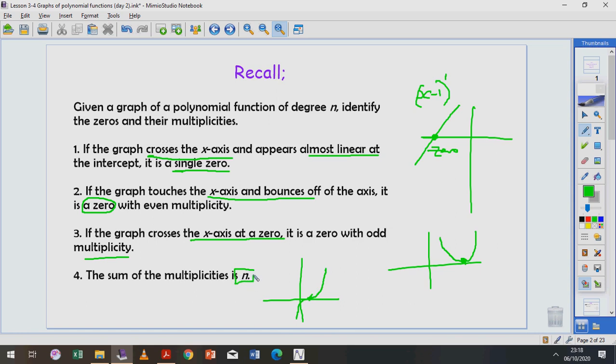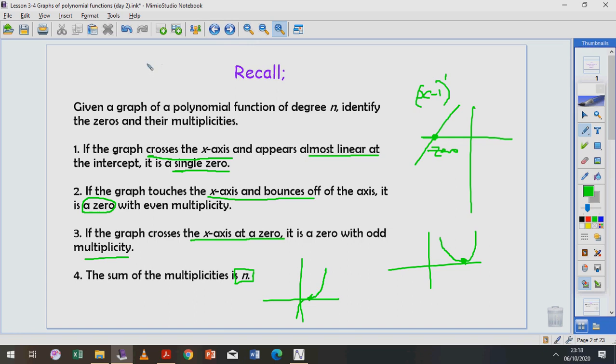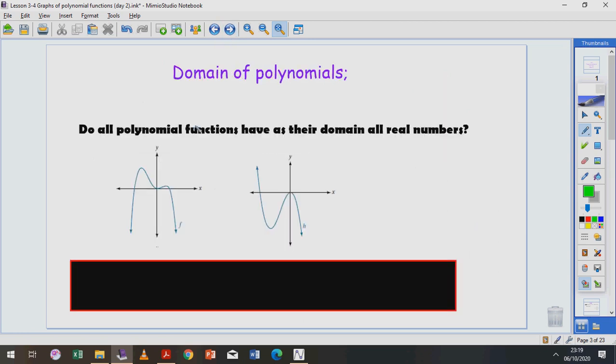And just to remind you, the sum of all the multiplicities for a polynomial is going to be equal to the degree of the polynomial. So if its leading term has a degree of 5, then the sum of the multiplicities, the power 1, the power 2 from here and the power 3 from here, must equal the degree of the polynomial.